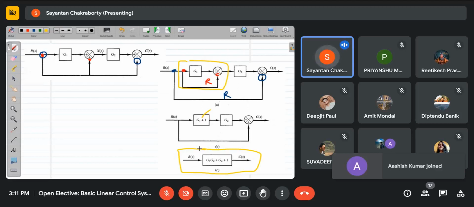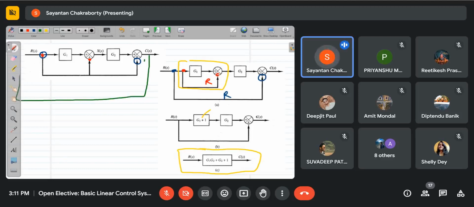I've just shown you this example to give an idea that a closed loop system doesn't always involve feeding the output back to the input. It may also have this direct feedthrough or a feed forward configuration.